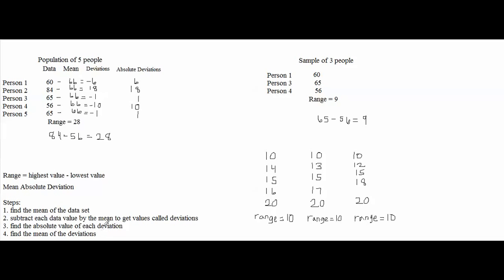Now we can do the last step, which is finding the mean of the deviations. Sorry, this should be different. It's actually finding the mean of the absolute deviations.